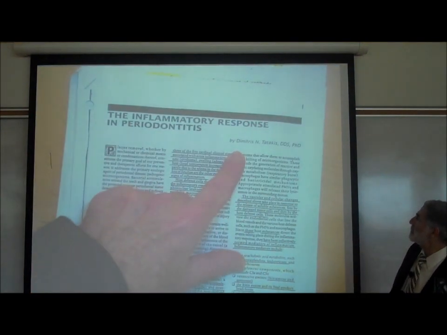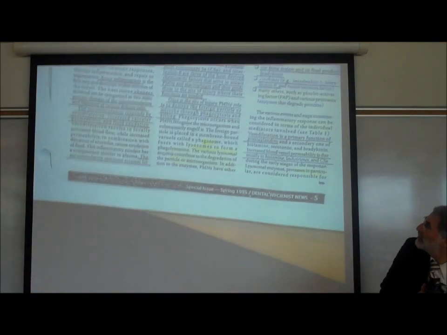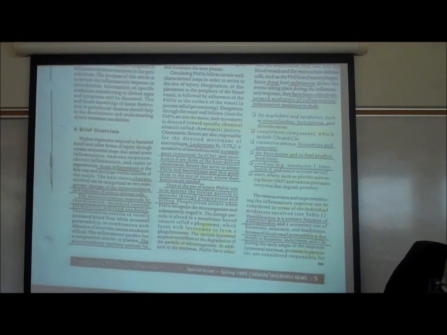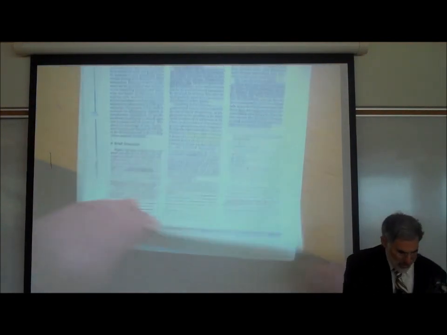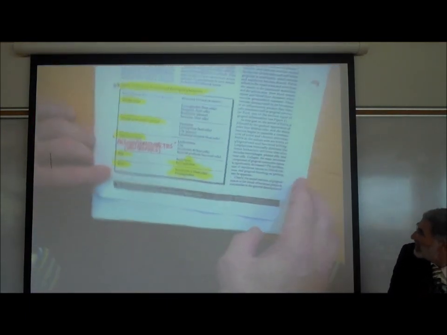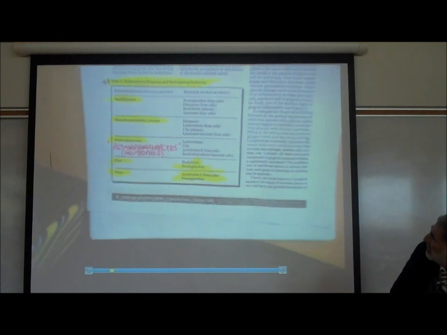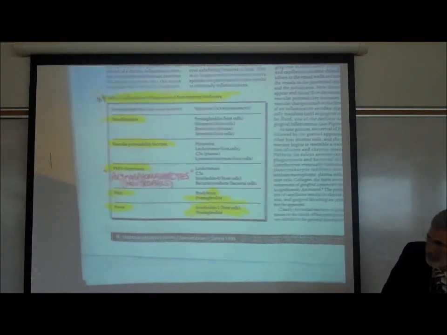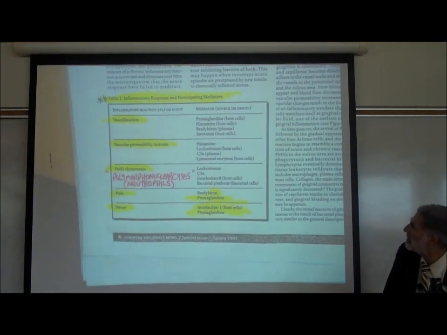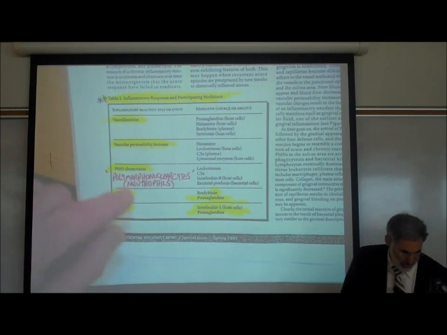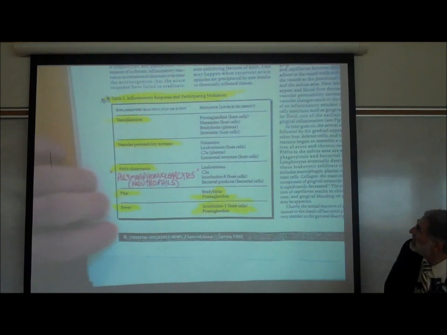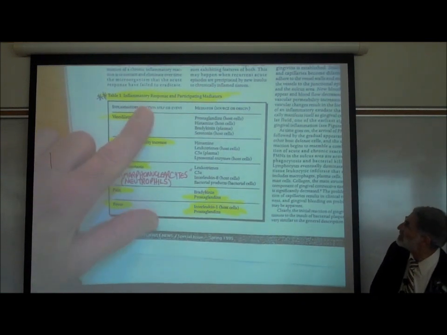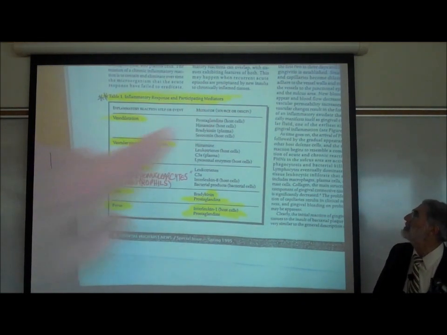Now, this article was written by a dentist, and it gives you an overview of inflammation. But take a look on page 2. On page 2, there's a chart here on the bottom left, and it indicates the inflammatory response and the participating mediators.